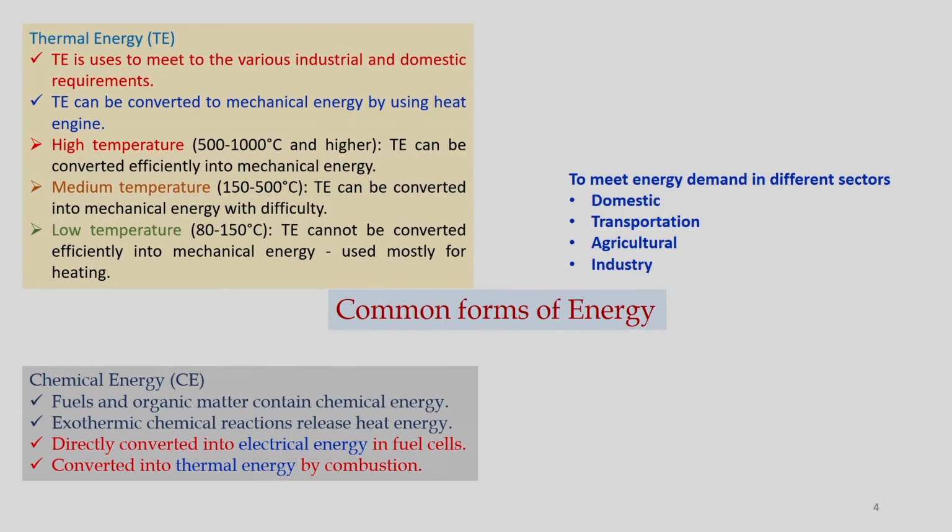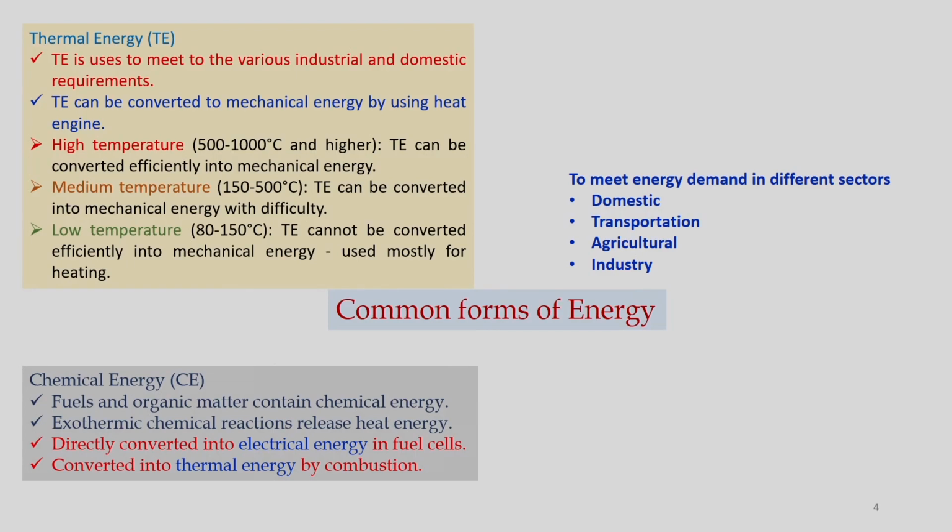Now, let us discuss the second category of energy which is commonly used, chemical energy. Fuels and organic matter contain chemical energy, and exothermic chemical reactions release heat energy. Sometimes we can convert chemical energy directly into electricity by using fuel cells.